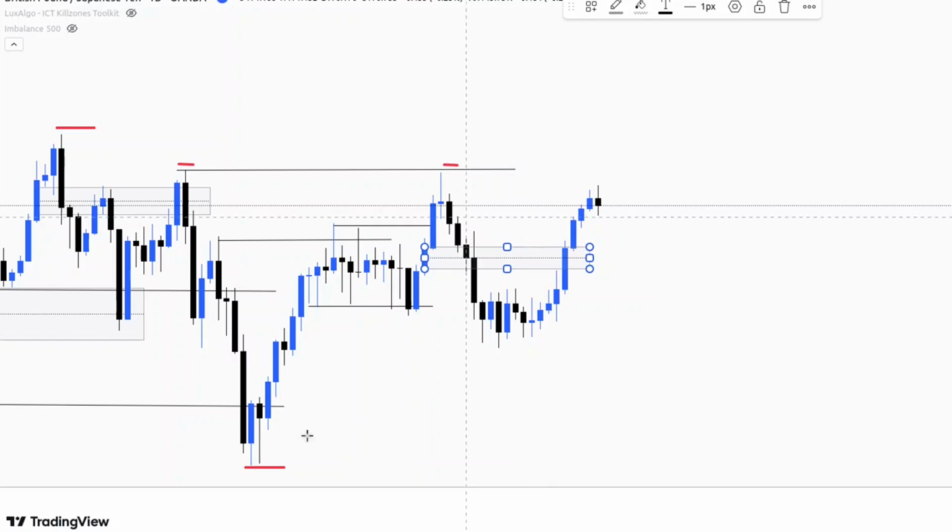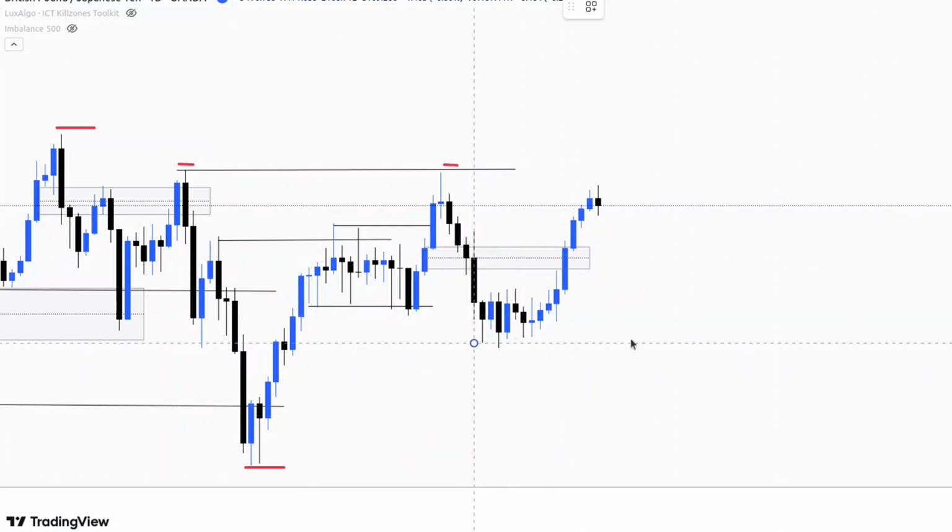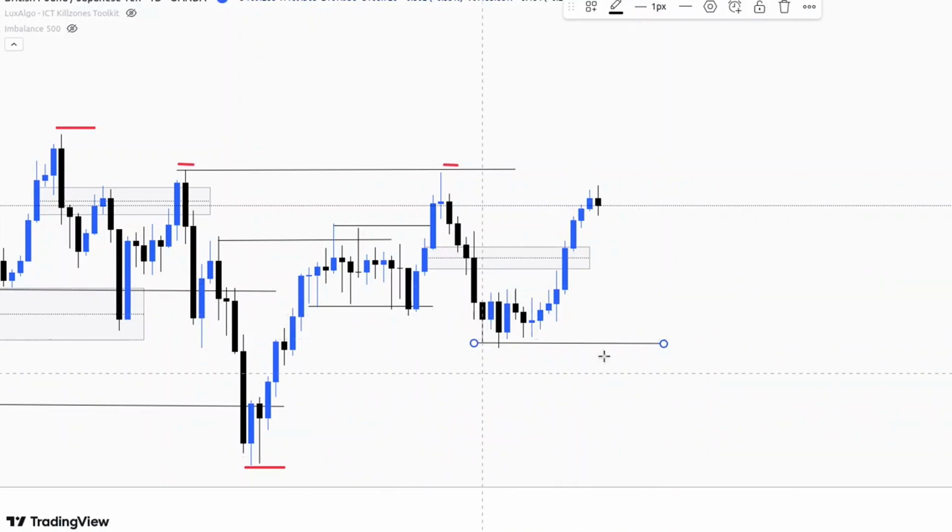And what we see here is price generated liquidity here. We will likely see price generating liquidity here. When price has generated enough liquidity, then it will come back and take that liquidity, because liquidity is the engine room of price movement. Liquidity is what drives the price.